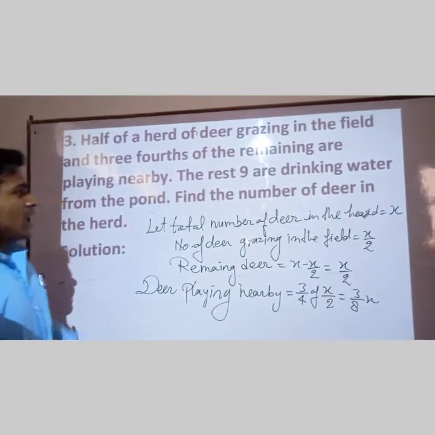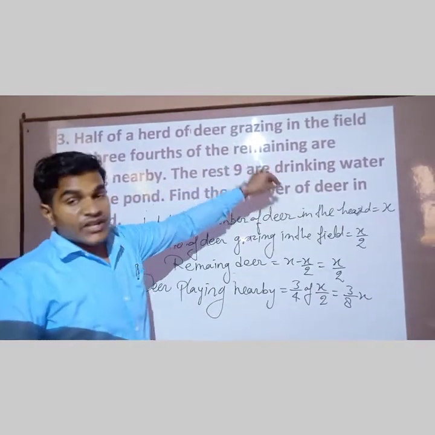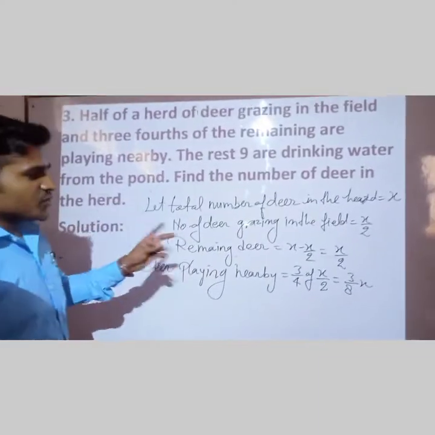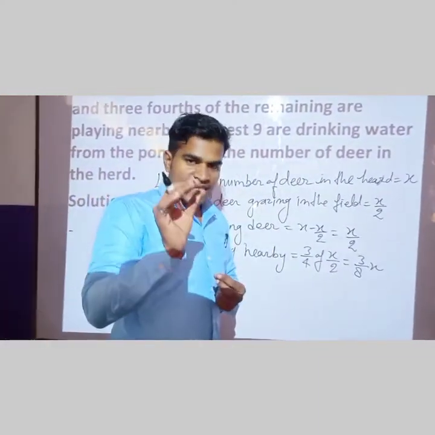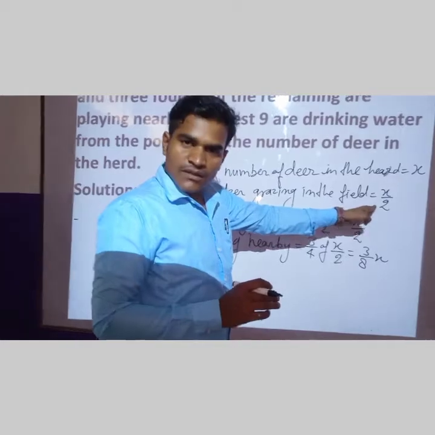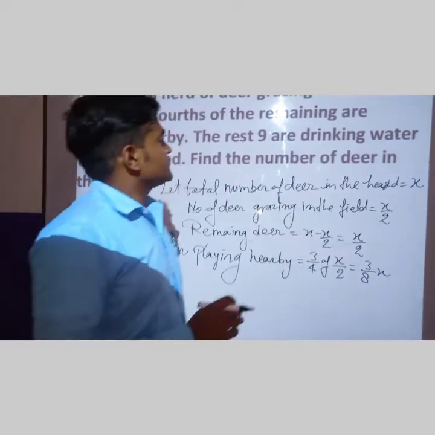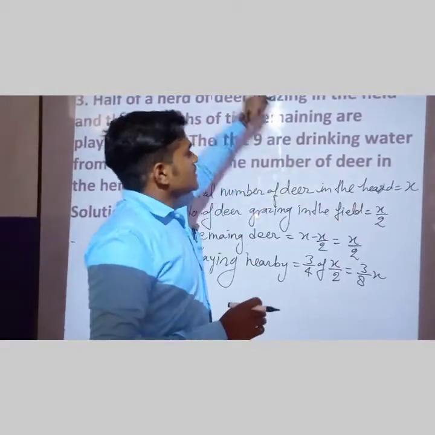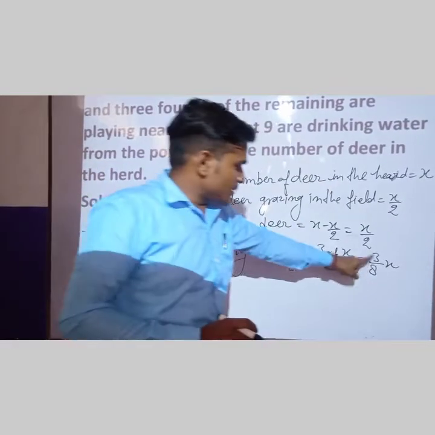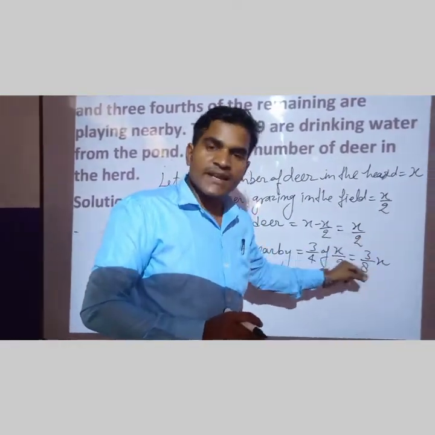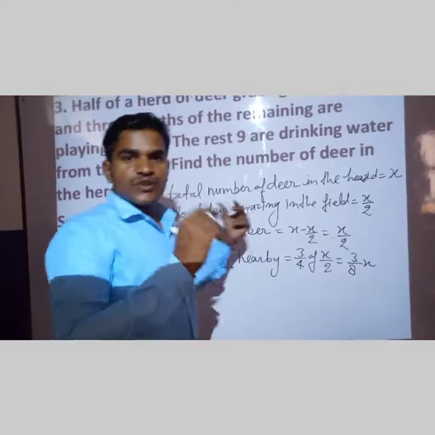Okay, the rest 9 are drinking water. Students, the total number of deer is x; x upon 2 are grazing in the field and 3 upon 8x are playing nearby.